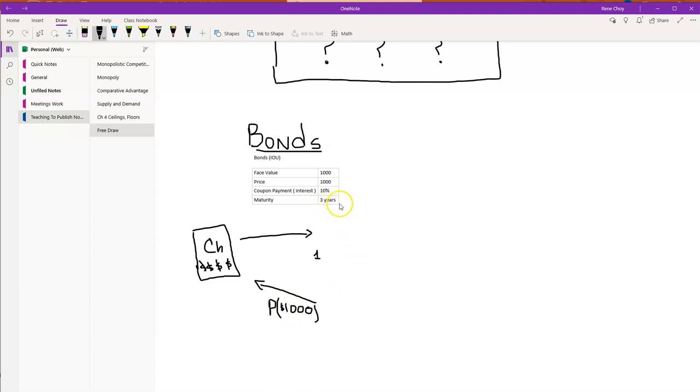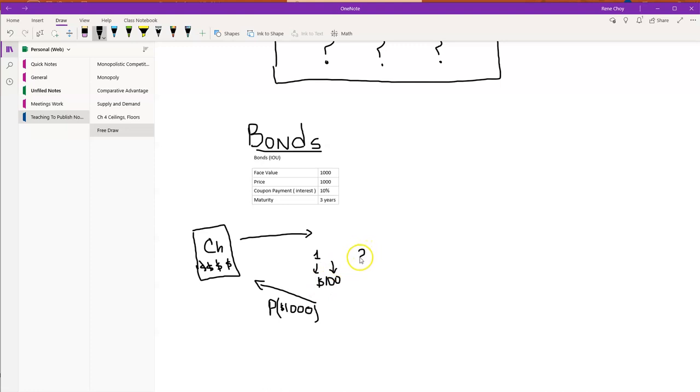Well, we have a 3-year maturity on this bond. So this is day one, but then at the end of year one, I've got to give you interest for this bond. And in this case, the interest is 10%, and 10% of $1,000 is $100. So I've got to give you $100.